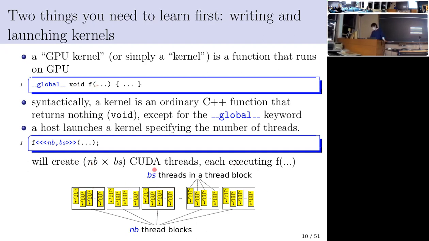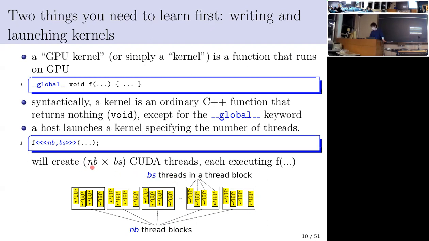So this can be illustrated like this. I'll get to these terminologies like thread blocks later. What this picture is trying to illustrate is that you have NB groups of threads called thread blocks, and each of these thread blocks has BS threads.